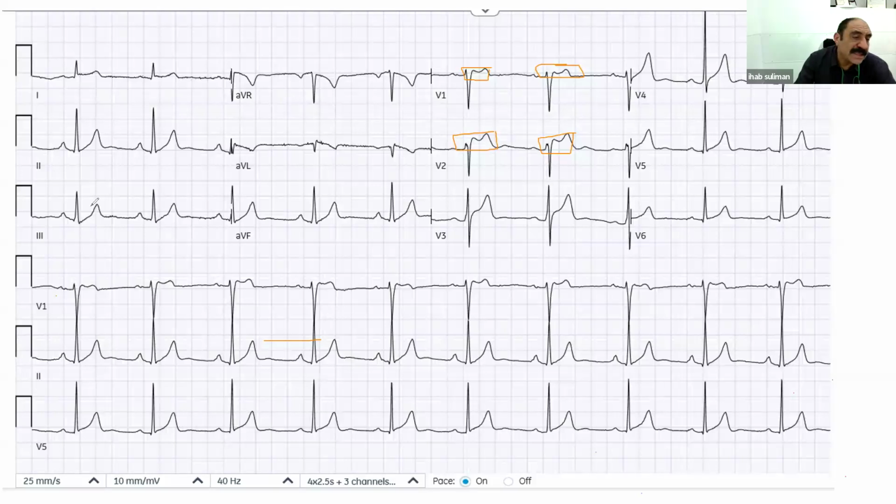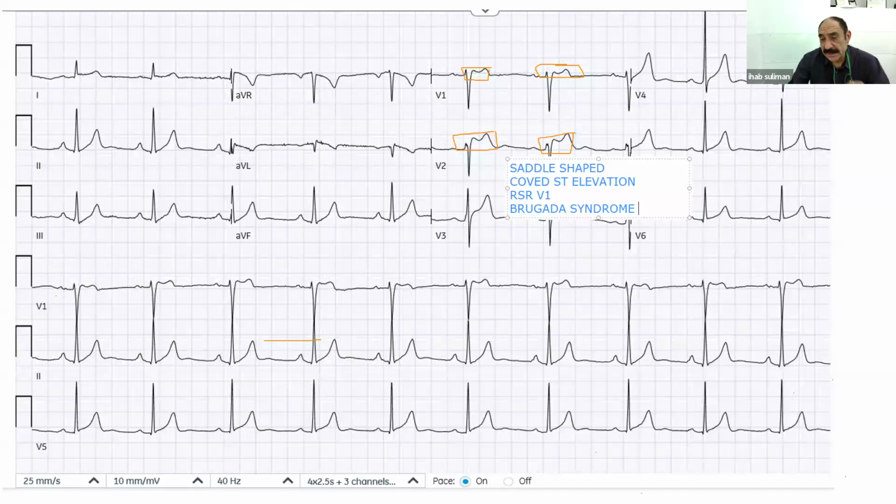It is called saddle-shaped, and sometimes, but not in this pattern, it is called curved ST elevation. Sometimes you can get an RSR pattern in V1. This is Brugada syndrome.